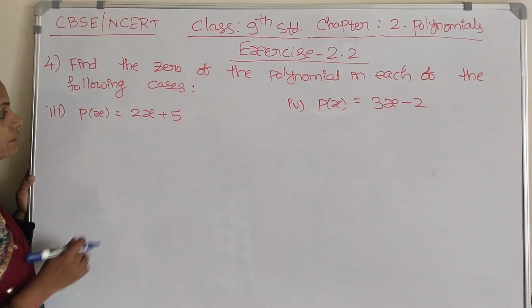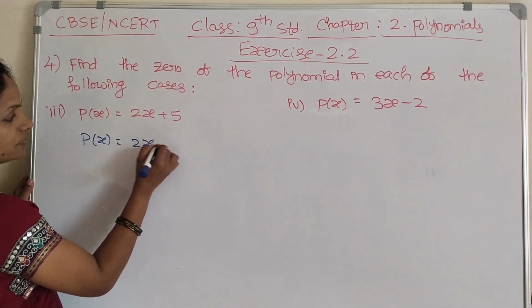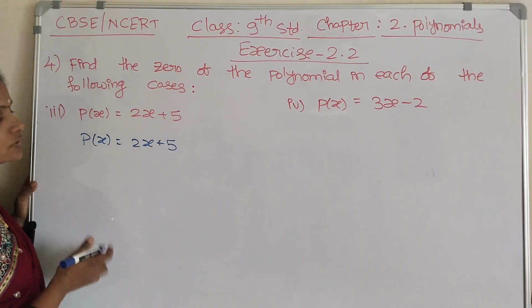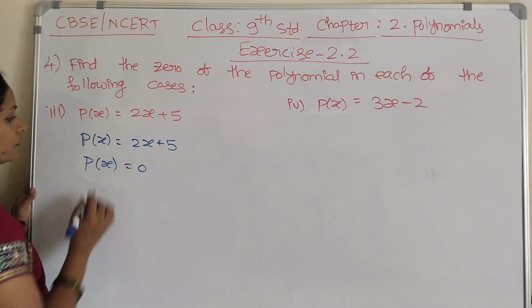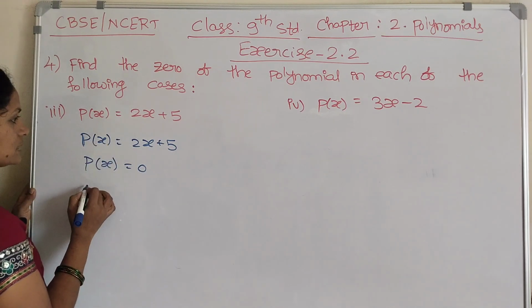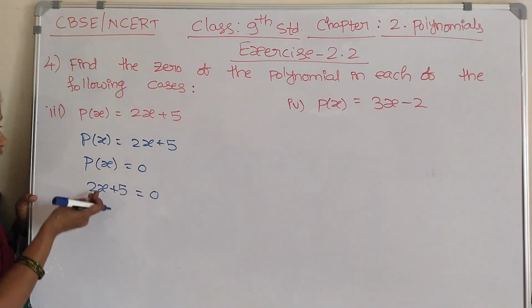The third question is given as p of x is equal to 2x plus 5. To get the zeros of this, equate this p of x to 0. P of x is 2x plus 5 equals 0. Here we have to get the value of x.